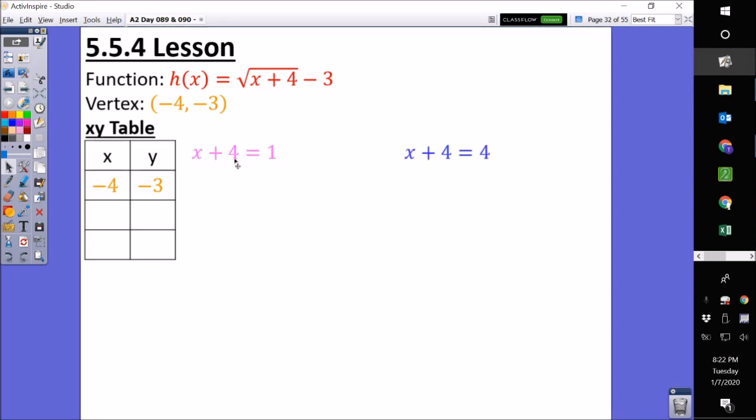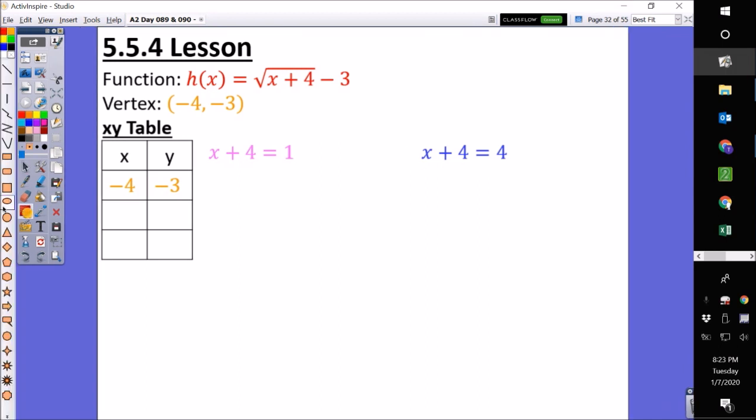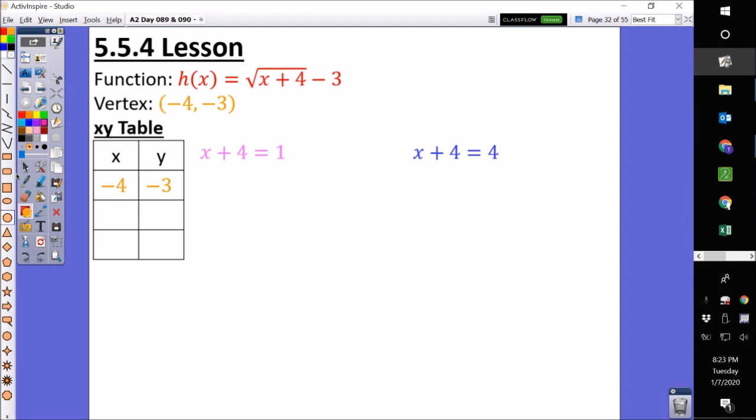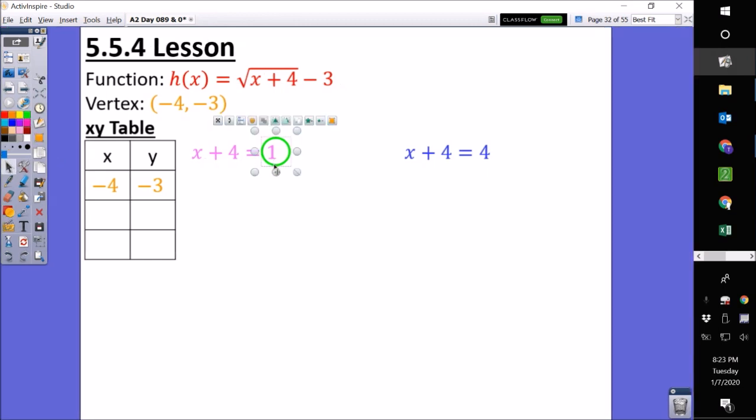Here I have x plus 4, which is the inside of the square root, and I set it equal to 1. And then I did another one, x plus 4, and set it equal to 4. Now I'm going to circle these two. The reason I chose 1 and 4 is because these two are perfect square numbers.